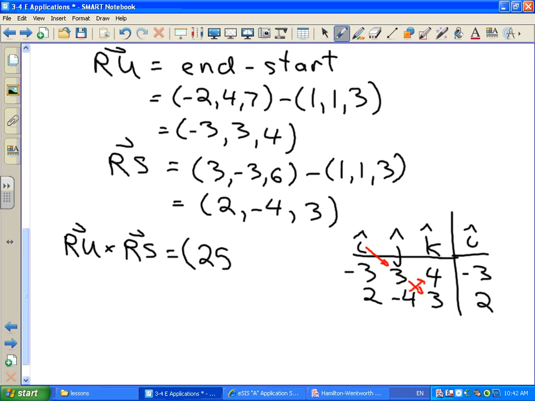We want our j component, so we go again down on an angle. 4 times 2 gives us 8, and we're going to subtract -9, so that's adding 9, so we get 17. 8 and 9 is 17. And then our k component, we go, let's see, -3 times -4 is 12. 12 minus 6 is going to be 6. Okay. So 25, 17, 6.